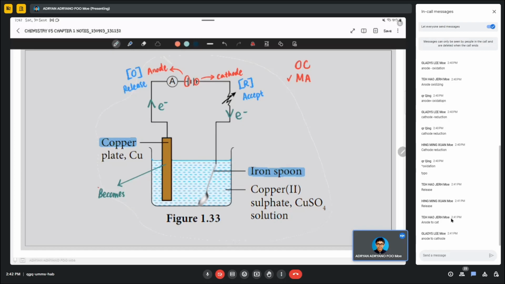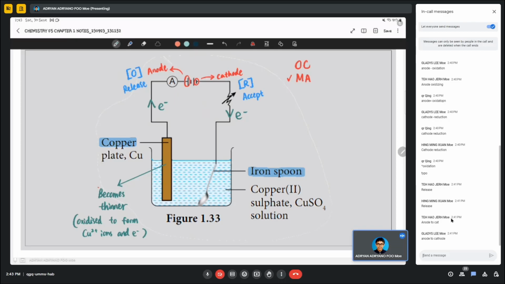This is the observation; it gets thinner and thinner. Why? The reason: oxidize to form Cu2+ ions and electrons. So when you explain, you write: because the copper plate oxidizes to form copper 2 ions and electrons.